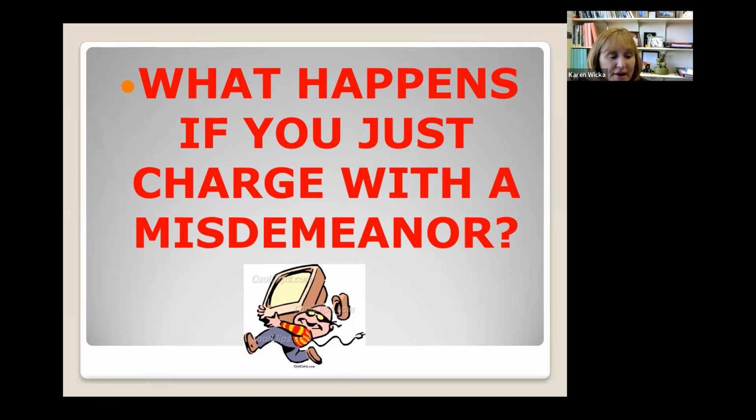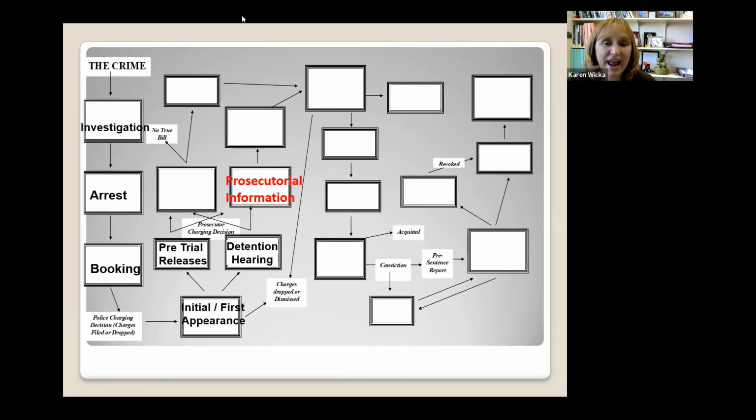So you are brought a case, you evaluate the facts, and you think, okay, I only have enough to convict the person of a misdemeanor. So what happens? Then I, as the prosecutor, get to fill out the charges, and it's called a prosecutorial information. The prosecutorial information is the prosecutor formally writing out the charges that they're going to try the person on at trial.